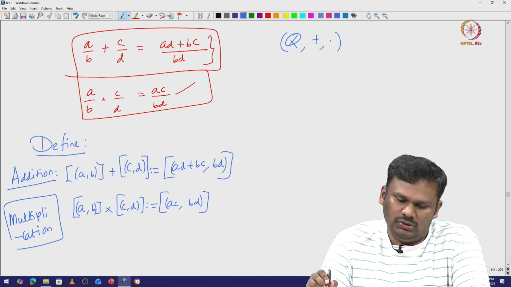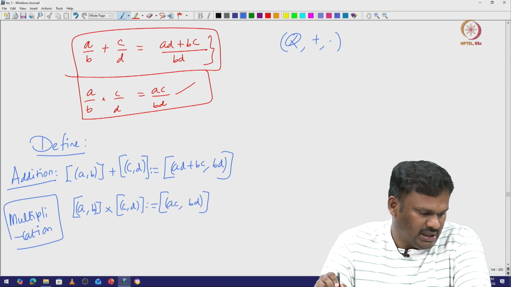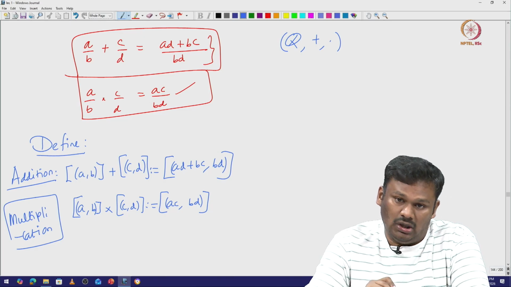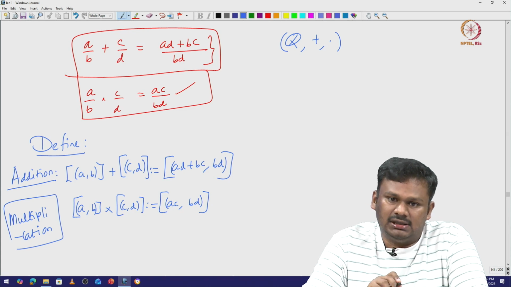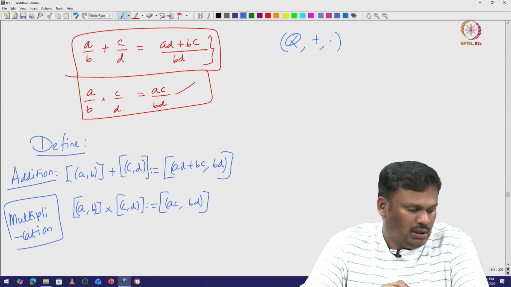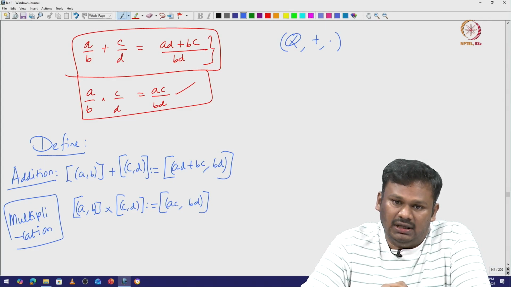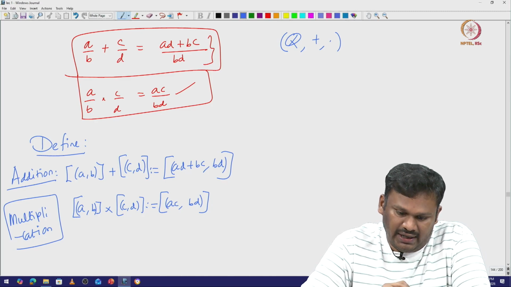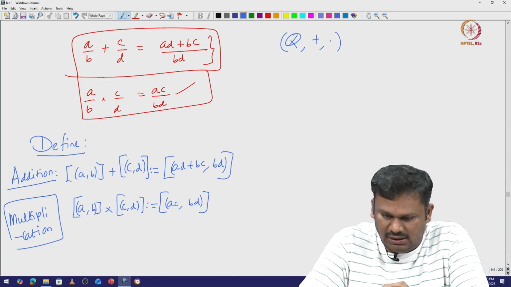Now we need to check what basic properties this satisfies. For example, addition should be a binary operation from Q cross Q to Q, and similarly multiplication must be a binary operation from Q cross Q to Q. Not only that, addition will satisfy commutativity, associativity, existence of identity element, which will be 0, and additive inverse.